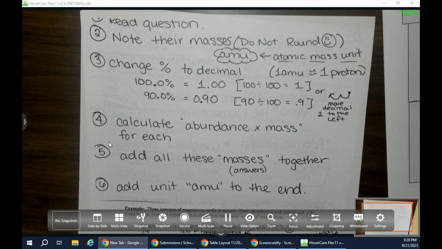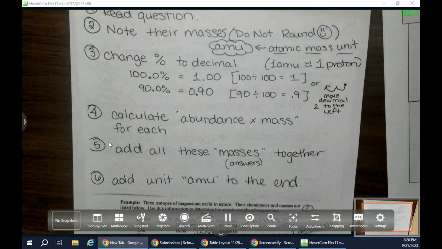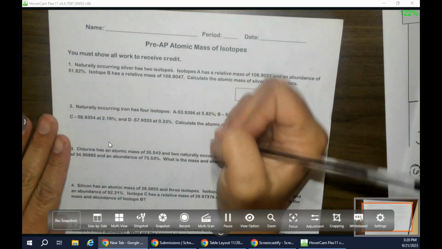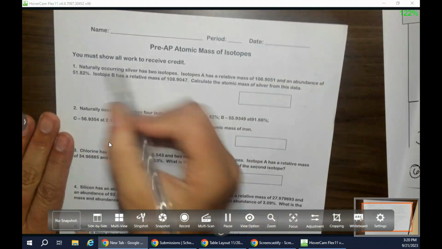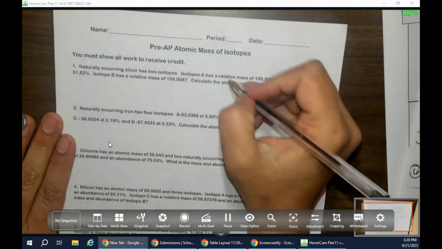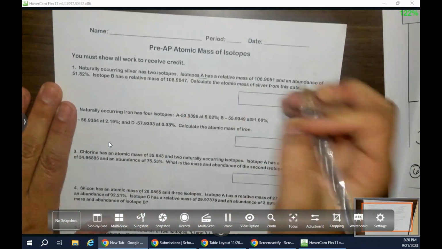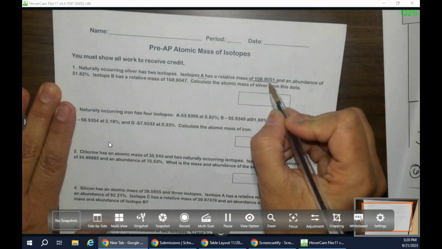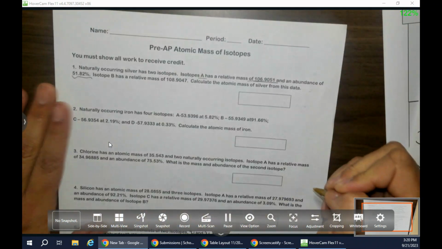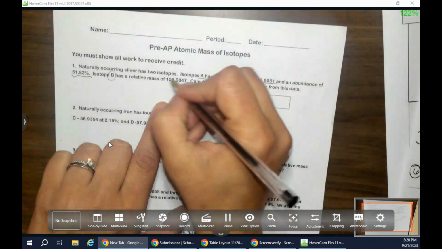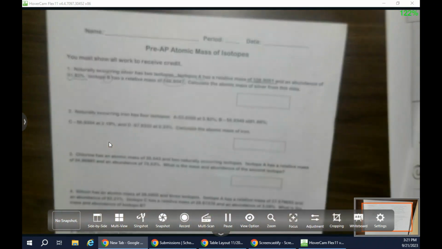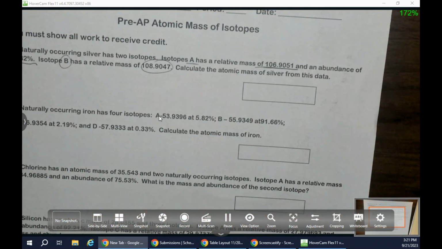Okay, so let's do this example so that you have one, and then you can rewatch this video tomorrow to remind yourself, and you'll be fine. Naturally occurring silver has 2 isotopes. We have isotope A with a relative mass of this, that long decimal that I was telling you about, and an abundance of this. Isotope B has a relative mass of that. Why didn't I give you a percent? Can we figure out the percent?